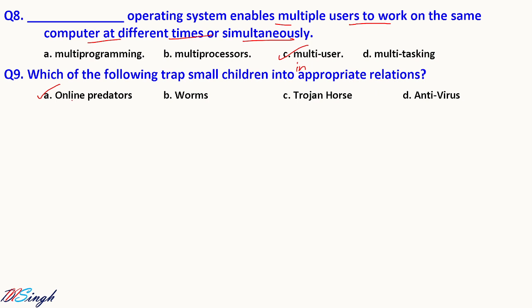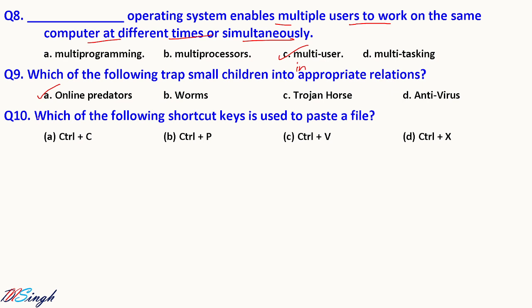So on any social media site, if you are making friends, remember guys, do not make a person your friend on social media if you have not met them physically. Avoid friendship with such people whom you do not know offline or in your real life. Let us go for question number 10.